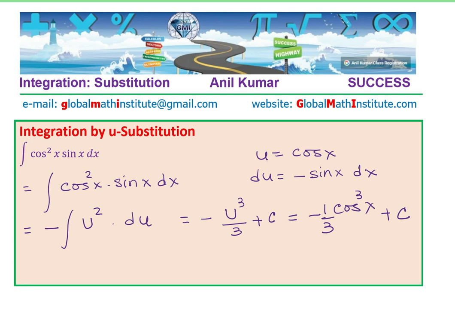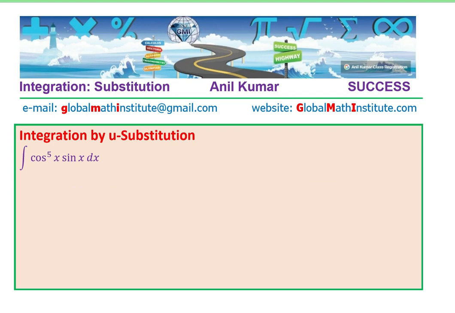Now let's take the last question out of these three, right? So we have cos to the power of 5 x sin x dx. So in this case, let us substitute u equal to cos x. In that case, the derivative will be minus sin x dx.